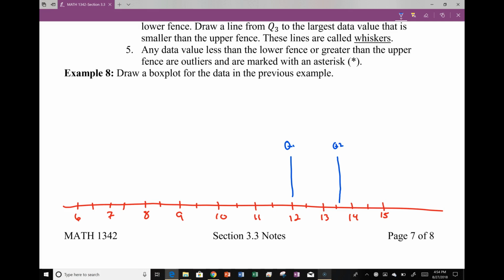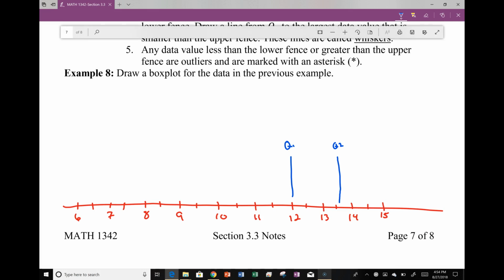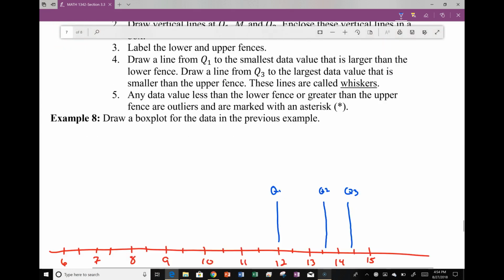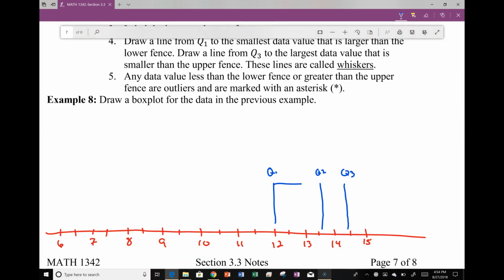There's Q2. Q3 was at 14.4. So here's 14.5, a little bit less. Here is Q3. So I've drawn a vertical line. Then I enclose these vertical lines in a box. Well, hence what we call a box plot. So we draw a box for Q1, Q2, and Q3.